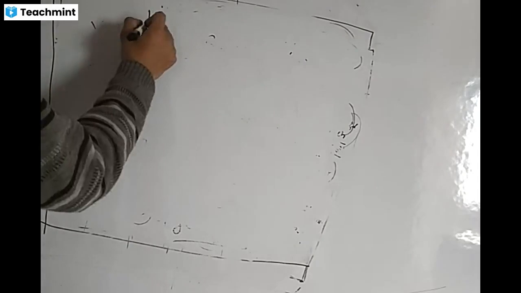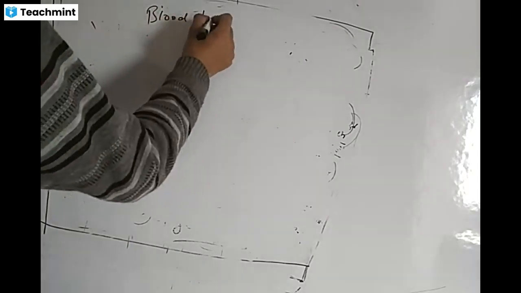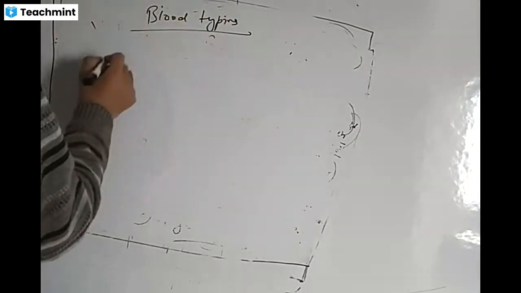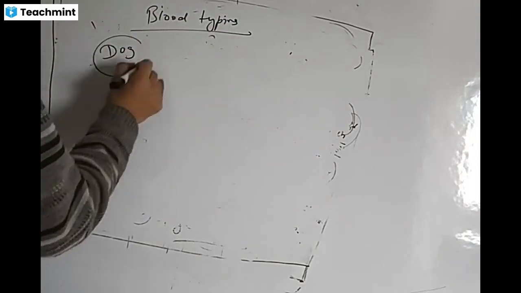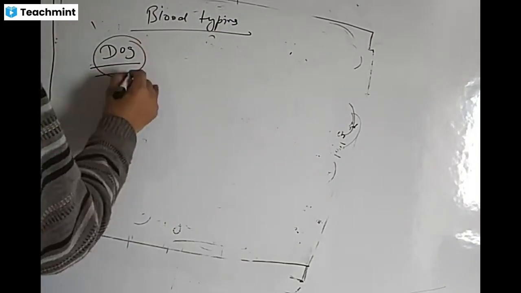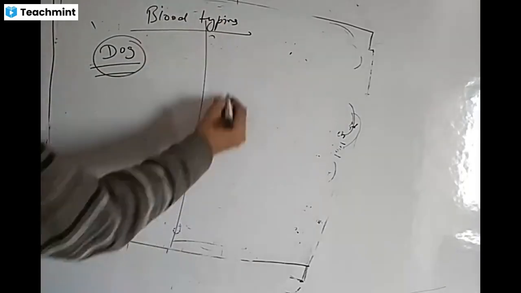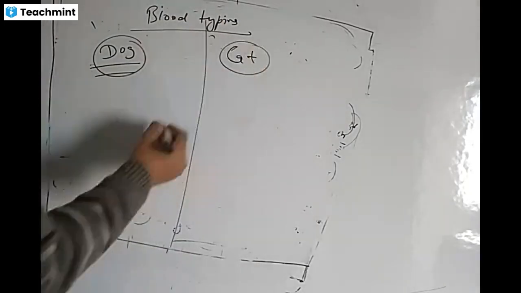Before starting the topic of transfusion, first we'll see some basics of blood typing. First we'll start with the dog, and here we'll have the cat.